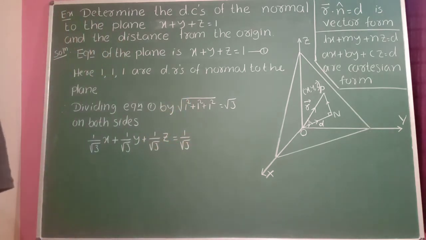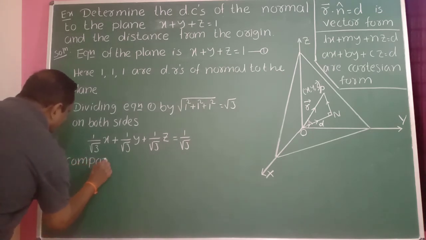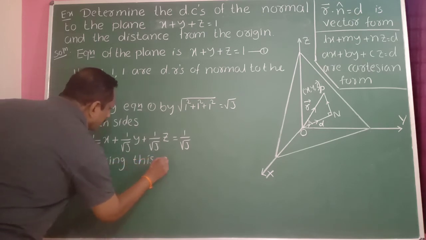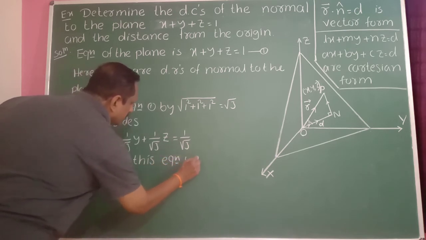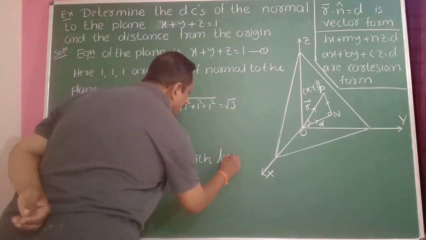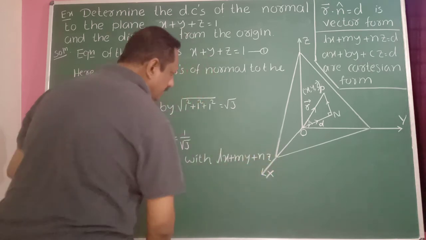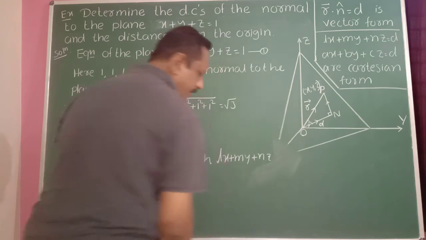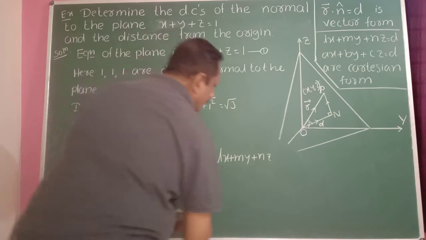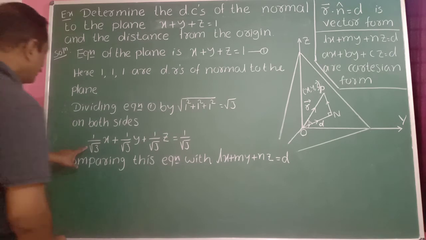So, comparing this equation with the standard equation lx plus my plus nz is equal to d. Then compare it here. So l is equal to 1 by root 3.